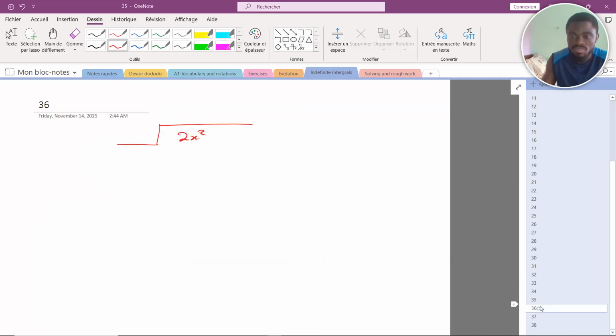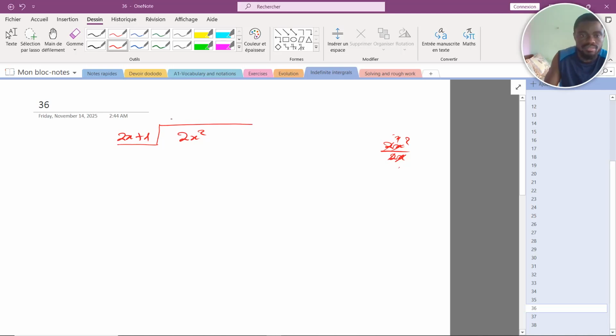So 2x squared divided by 2x. The x here goes, it remains 1 x, 2. So the answer is what?